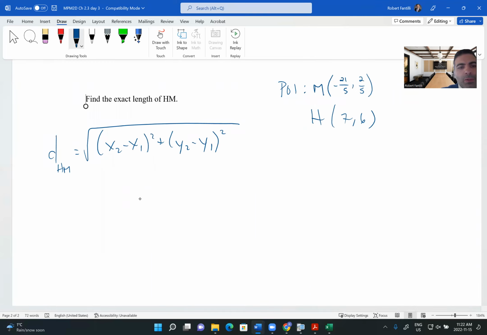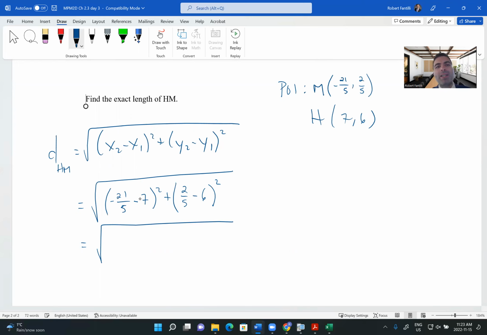Equals x2 minus x1 would be negative 21 over 5 minus 7, squared, plus y2 minus y1 would be 2 over 5 minus 6, squared. Again, we're going to do a little bit of mental math happening in here. Negative 21 over 5 minus 7. 7 has an invisible denominator 1, so it has to be multiplied by 5.